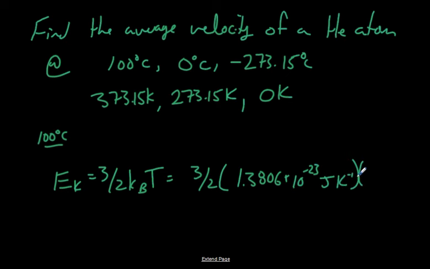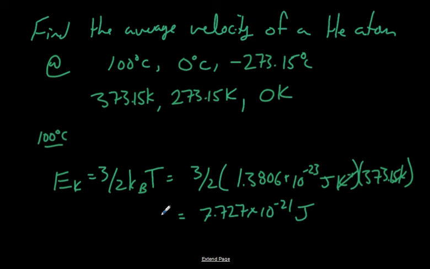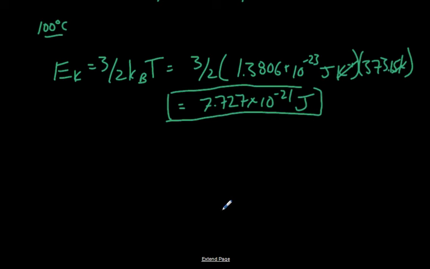And 373.15K. So you're canceling out, and you should get 7.727 times 10 to the negative 21 joules. So what does that number represent then? The average kinetic energy of a single particle of helium, if this is helium, or really a single particle of any gas at that temperature.